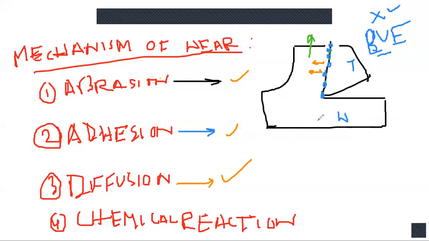Now, last one is chemical. Chemical, we already know, because there is a high temperature generated on the tool and job surface.